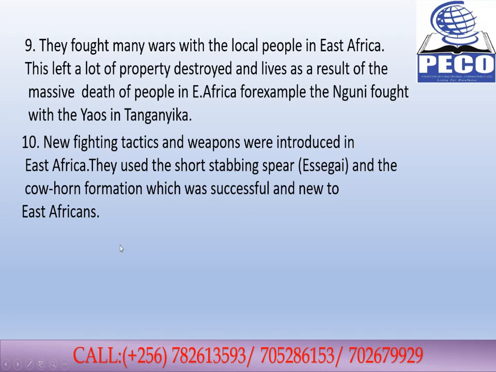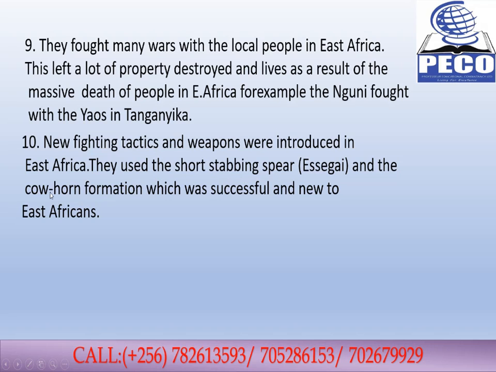Okay? Then the cow horn formation as a new tactic introduced in East Africa. This one involved engulfing. Engulfing is like encircling the enemy, putting the enemy in the circle, and then you fight using the assegai, the short stabbing spear.